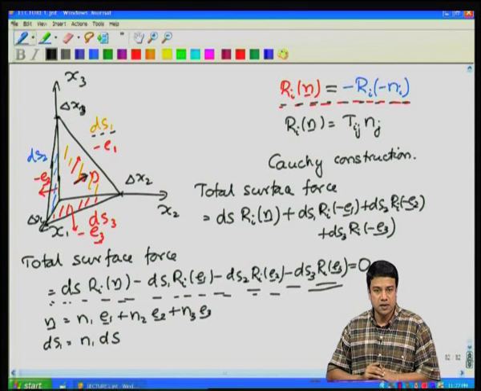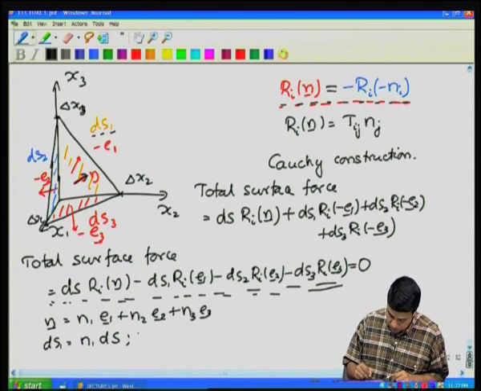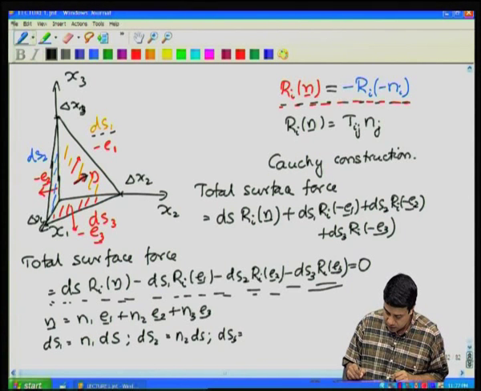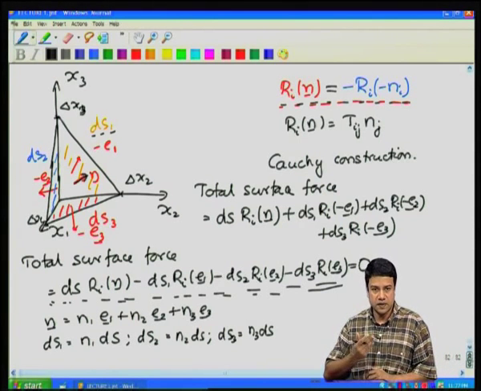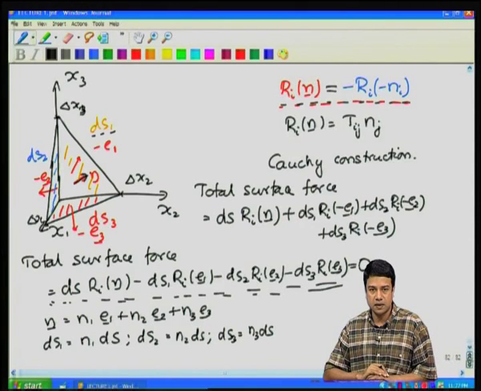Okay. Similarly, ds2 is equal to n2 ds and ds3 is equal to n3 ds. Okay. The angle between the surface S and the x1 x2 plane is the same as the angle between n and E3 and so on. Okay.